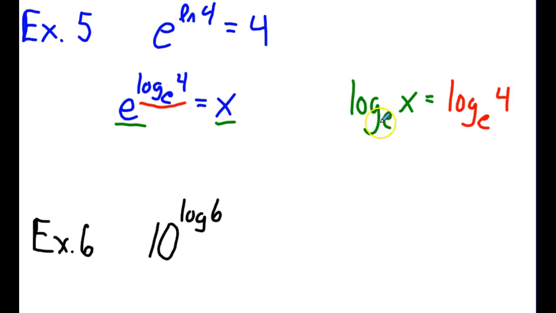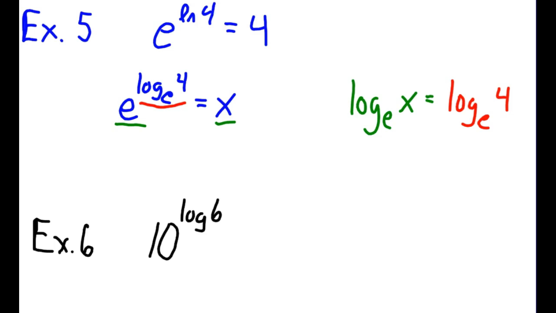Since we have the same logarithm and base on both sides, that implies x would have to be equal to 4. We don't have to go through this step to show why this works. If we recognize that these basically simplify each other out, we're going to remain with just this value.